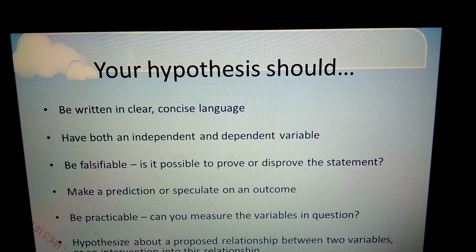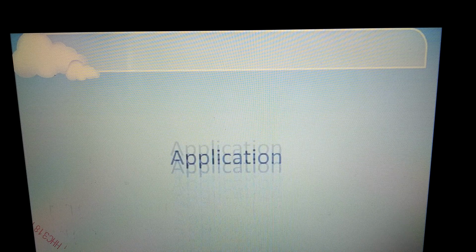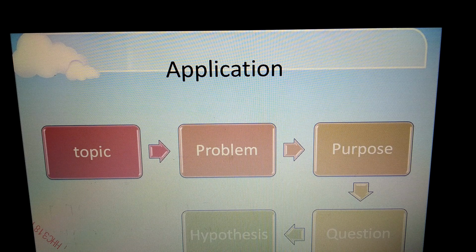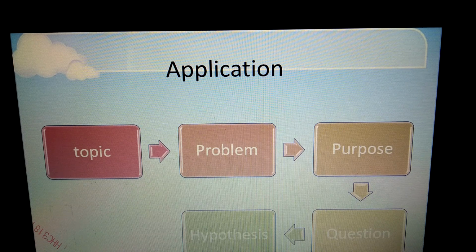And the last part is the application. First, I need to choose a topic and state the problem, purpose, question, and hypothesis. I want to choose a topic about mobile assisted language learning and English reading, and how students use mobile assisted language learning to improve their English reading.